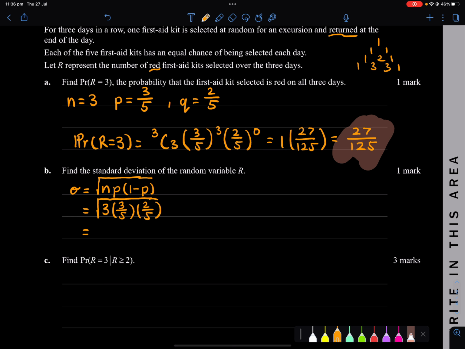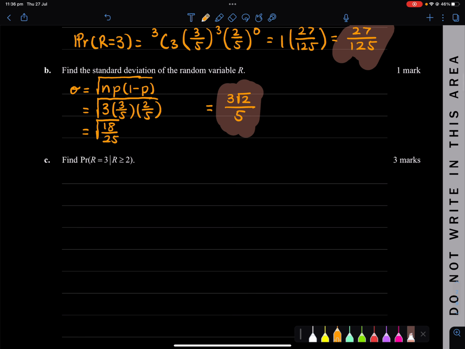So 3 times 3 is 9, times 2 is 18, so it'll be the square root of 18 over 25, which simplifies to 3 root 2 over 5, if I'm not mistaken. Yep, so 9, 18, 25. Okay, I hope that's the answer.